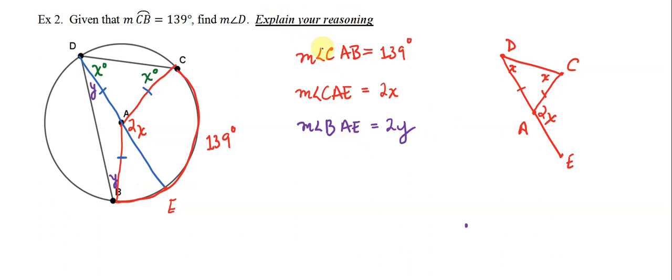And the reason that we can say that angle BAE is equal to 2y is as follows. So I'm going to sketch out this triangle for you from B to D to A and to E. So here is B to D, A, and then E out here.